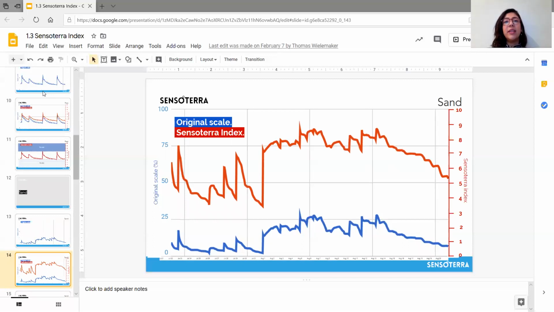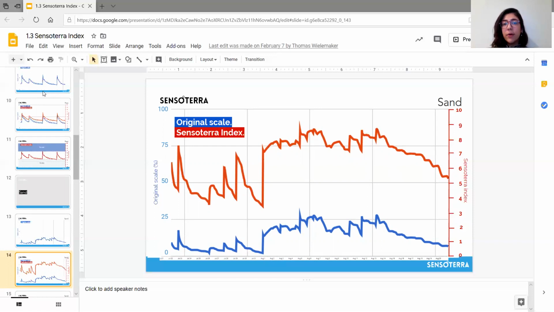With the Sensoterra index, you see the difference between the original scale and the Sensoterra index. For sandy soils, when using the Sensoterra index, your life becomes even easier, because for sandy soils it becomes a bit more tricky to understand the irrigation necessities of your crop.